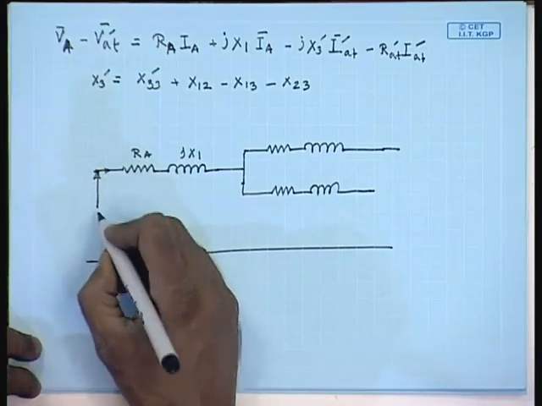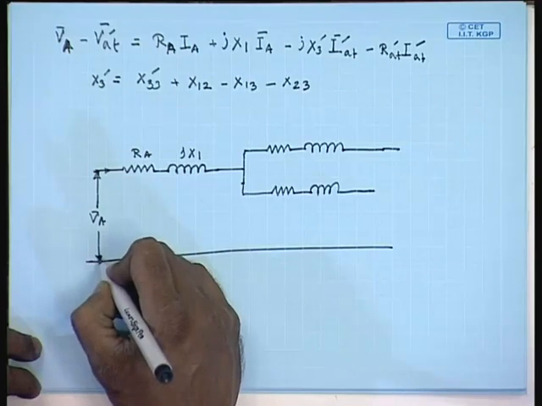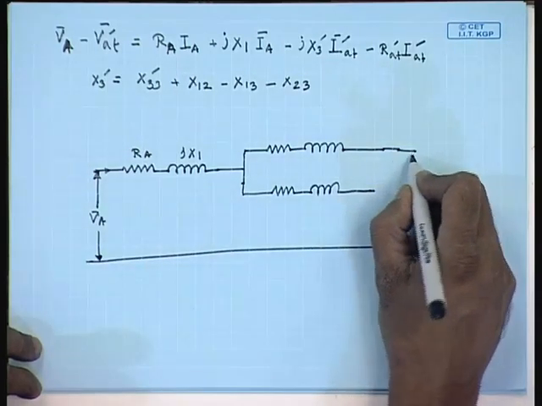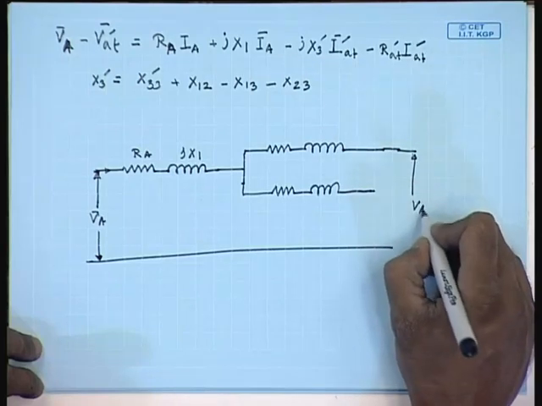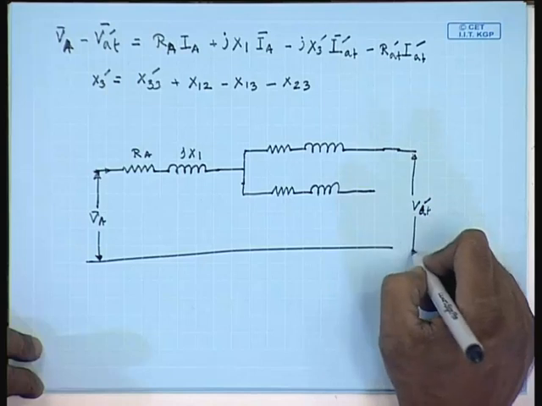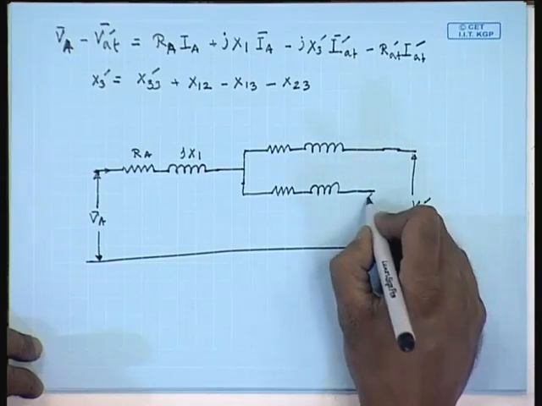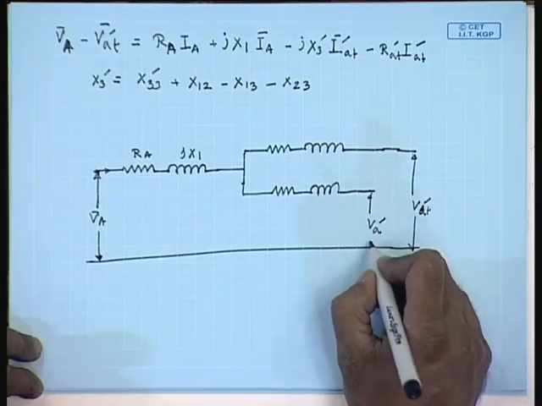This voltage is V A, this voltage is V A T dash, and this voltage is V A dash.